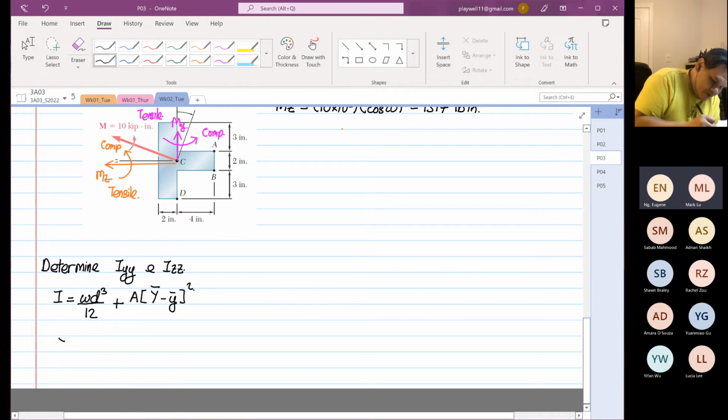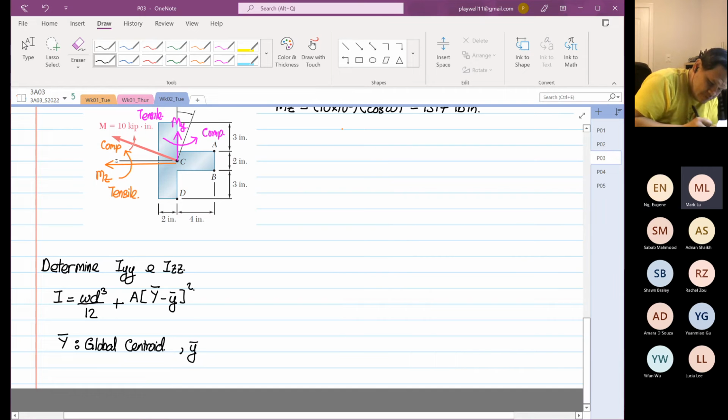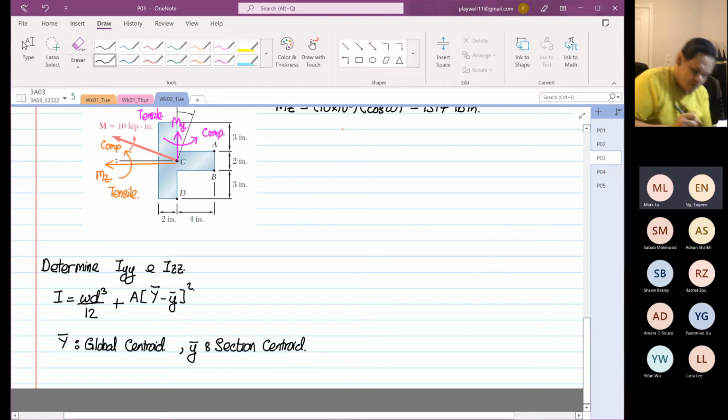So big Y bar is the global centroid. Global means the entire structure centroid. And then small y bar is the section centroid. Okay, so now you can see the difference.